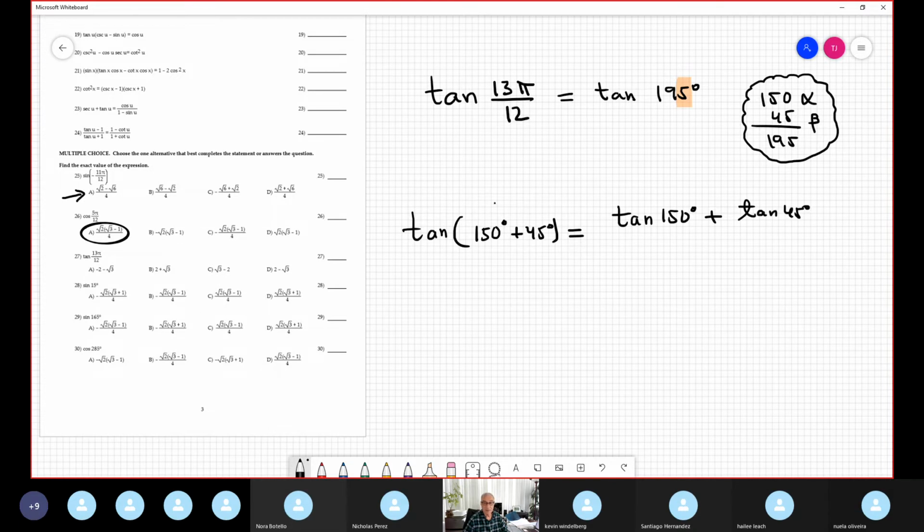That is alpha beta. It's tangent alpha plus tangent beta divided by 1 minus, when it's plus here it is minus, when it's minus here it is plus, multiplication, tangent 150 degrees times tangent 45. Do you see this formula in the cheat sheet? Yes.